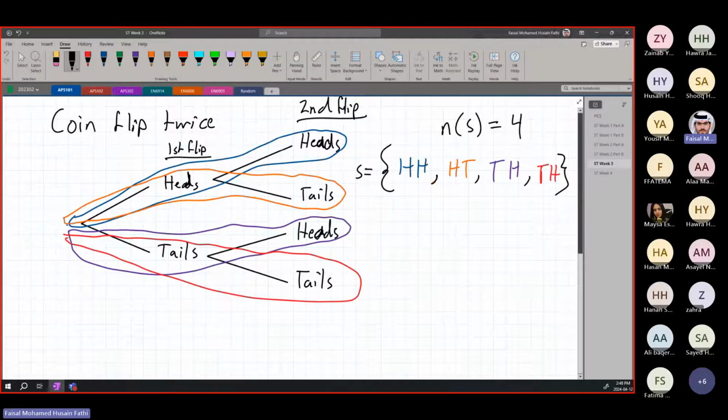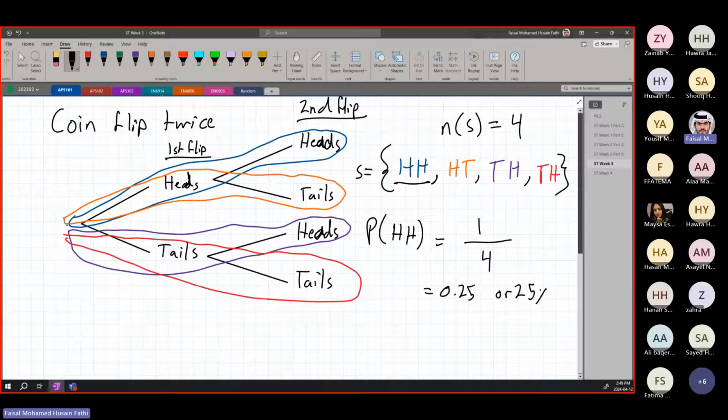The probability of getting heads and heads is equal to how many times it is repeating? Only one time, so it's once over our sample space, which is 4. So it's equal to 0.25 or 25% chance. This is a basic example.